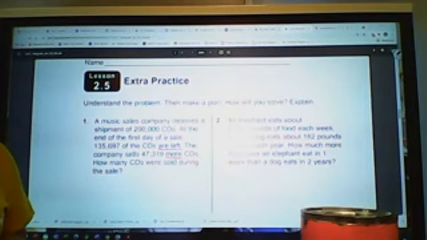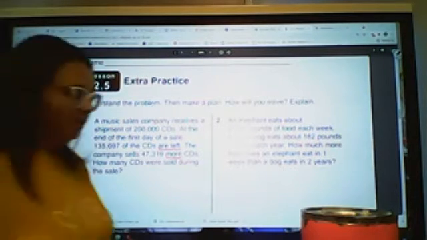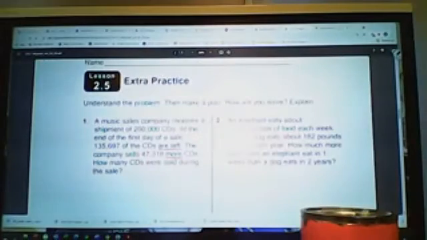I'm going to read it again because I feel like we lost our train of thought. An elephant eats about 2,400 pounds of food each week. A large dog eats about 182 pounds of food each year. How much more food does an elephant eat in 1 week than a dog eats in 2 years? Okay. What did you see?